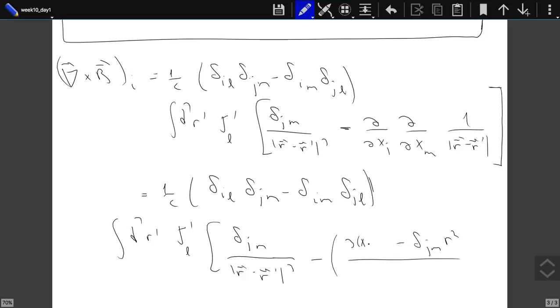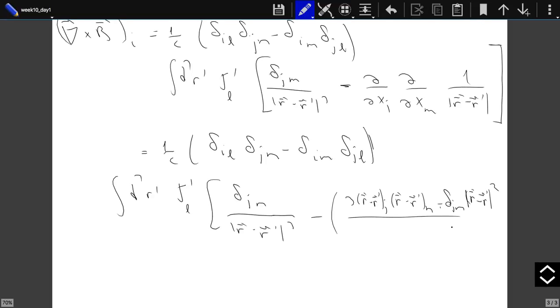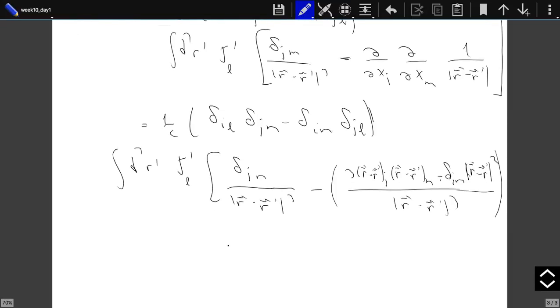Okay, now I have to also replace x with r minus r prime: (3 (r minus r prime)j (r minus r prime)m minus Kronecker delta jm |r minus r prime| squared), divided by |r minus r prime| to the 5th. This is the term without the Dirac deltas.